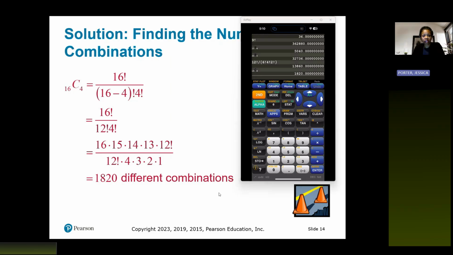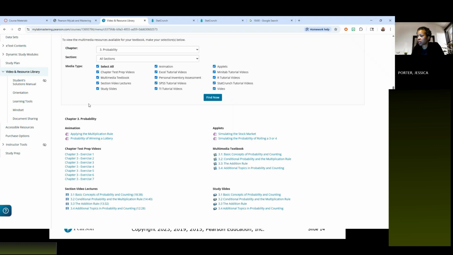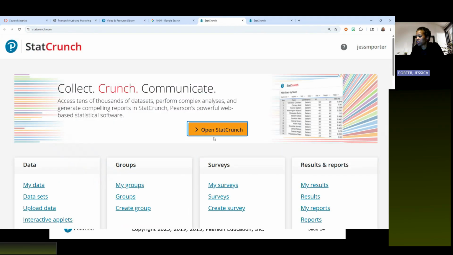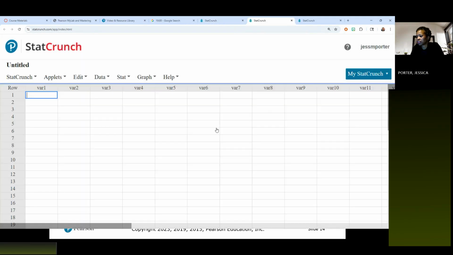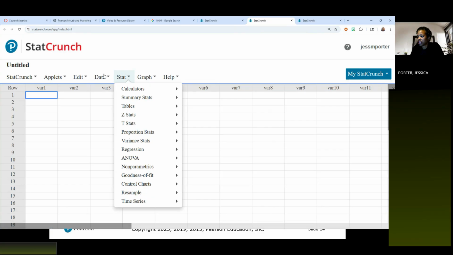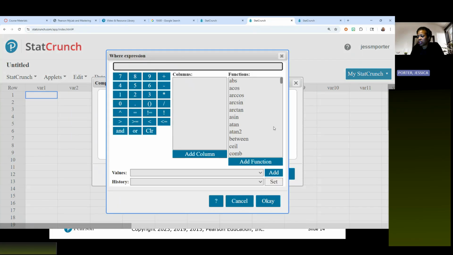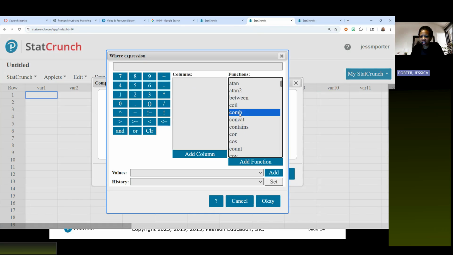So StatCrunch, oh, my little window's in the way. Data, compute, expression, build. This time it's COMB for combination. 16 and 4.